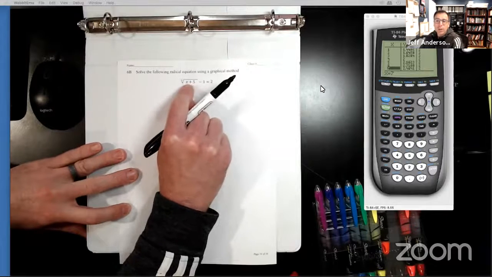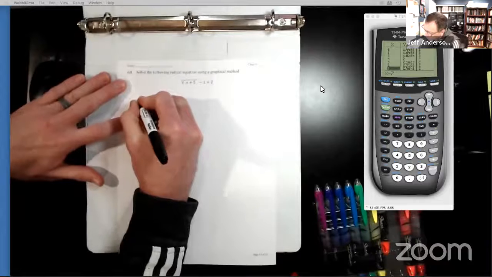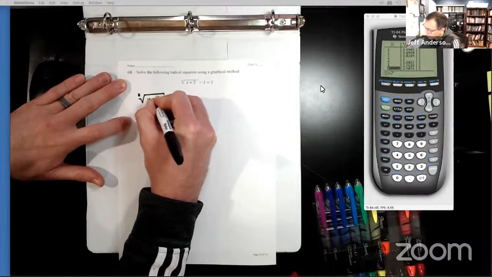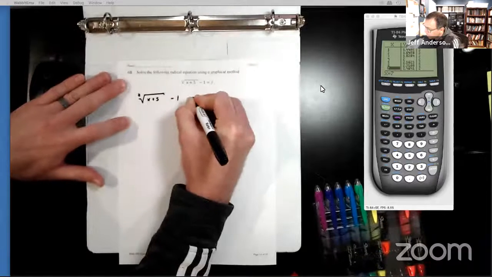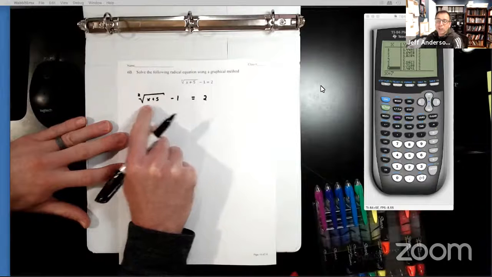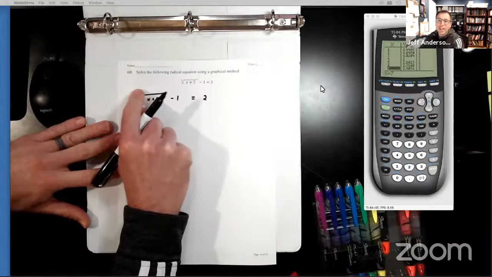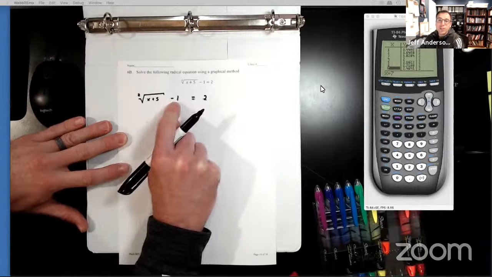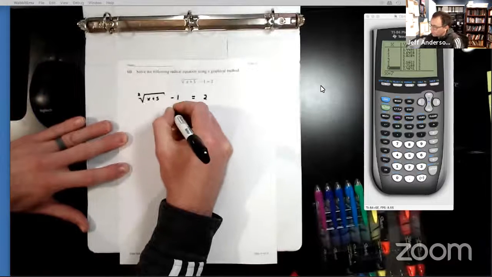In order to do that, we're going to start with the equation, the square root of x plus 5 minus 1 equals 2. This is an algebraic equation in x, so we're going to try to isolate the x by itself. To do that, let's bring the 1 over to the other side.